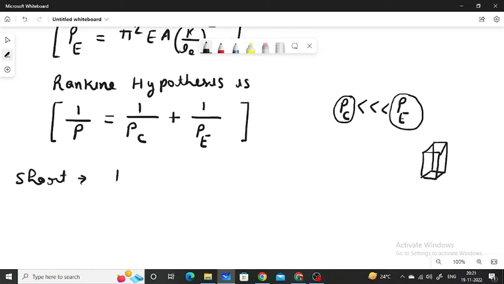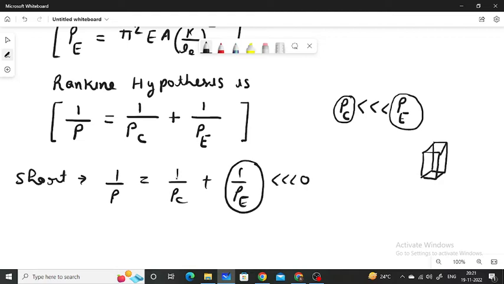In that case, in 1 by P equals 1 by Pc plus 1 by Pe, here 1 by Pe will be nearly 0. Okay, the magnitude of 1 by P will be very close to 1 by Pc.